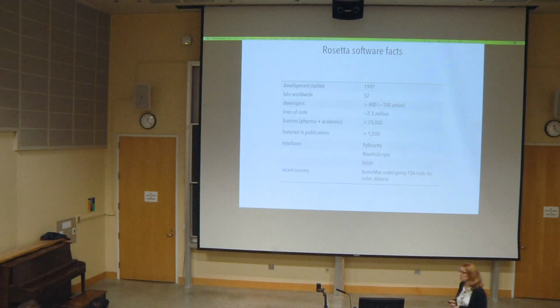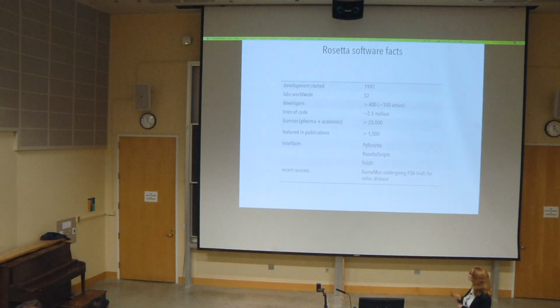And so just a couple of numbers or a couple of facts. Development started in 1997. Currently, we have 52 labs worldwide. Most of these labs were either grad students or postdocs that come from David Baker's lab over the years. We have over 400 developers, even though probably about 100 of those are really active developers committing code into the code base.